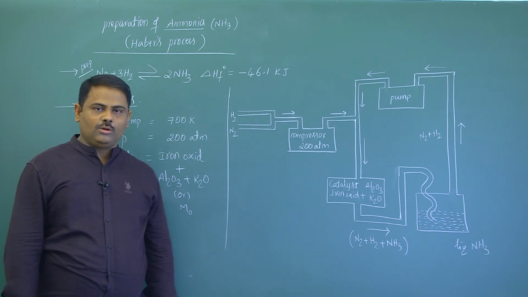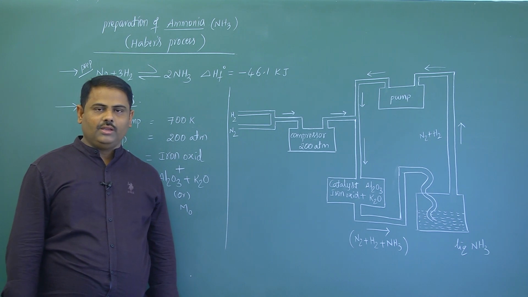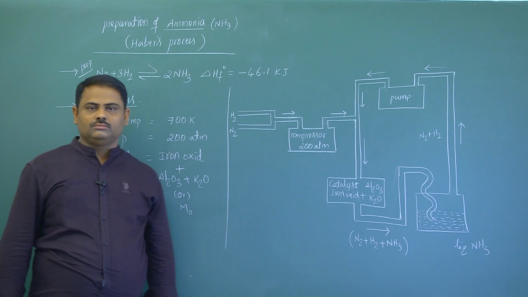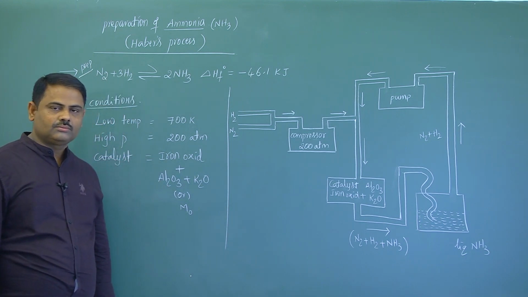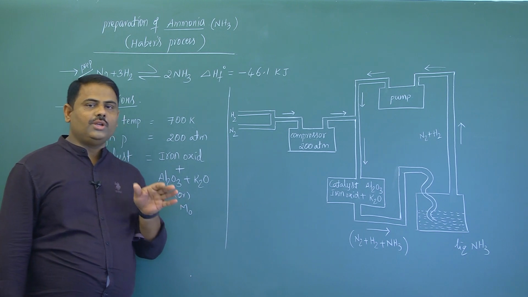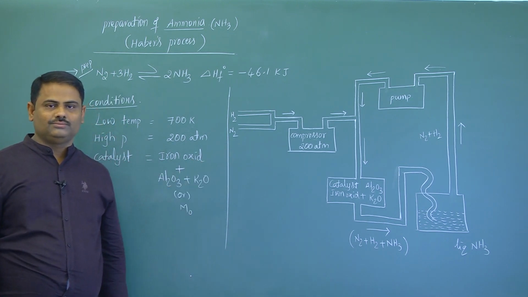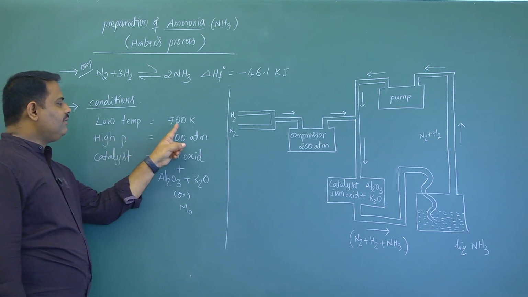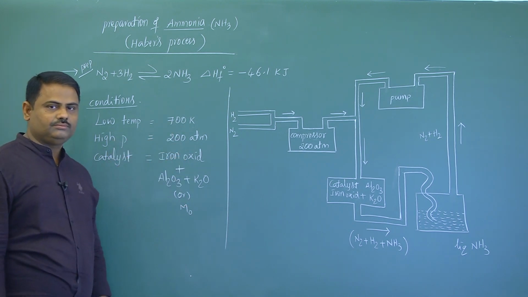Rate of exothermic reaction is inversely proportional to temperature. That means low temperature is favorable for formation of ammonia. That low temperature is nearly 700 Kelvin.